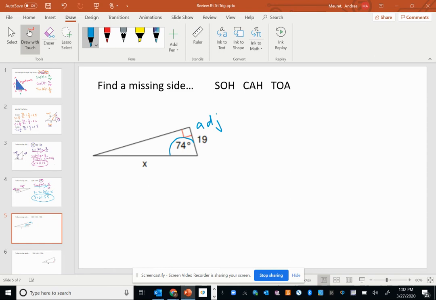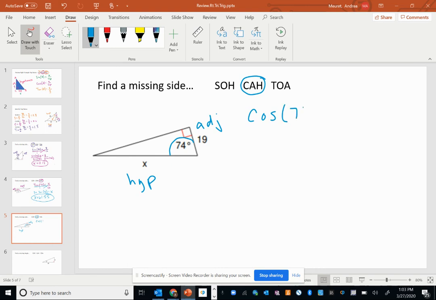And because the side with the x is opposite the right angle, this is the hypotenuse. So the trig ratio that uses adjacent leg and hypotenuse is this one here, cosine.